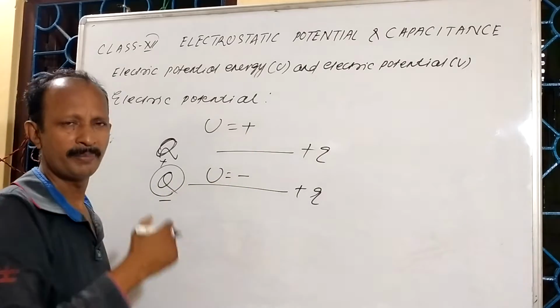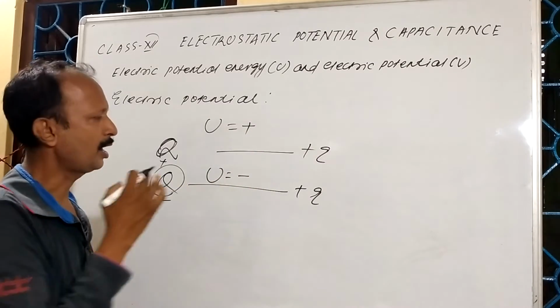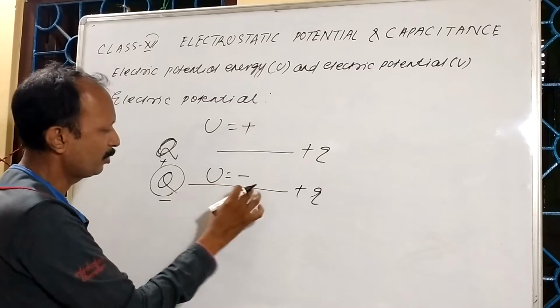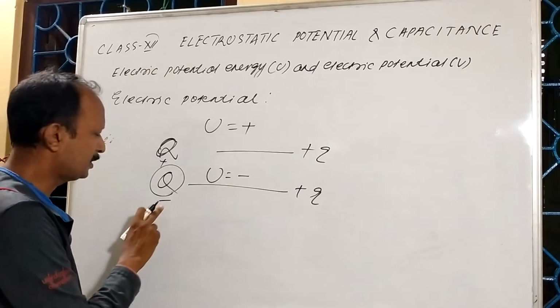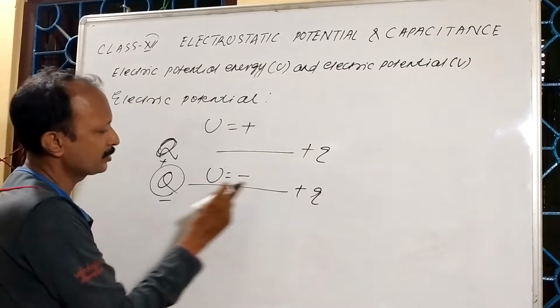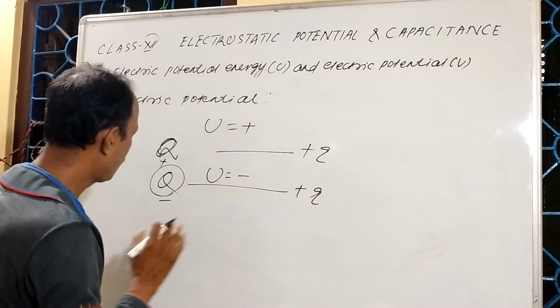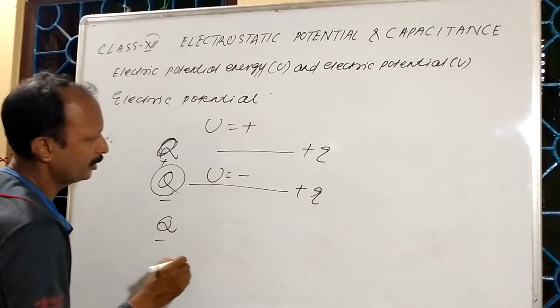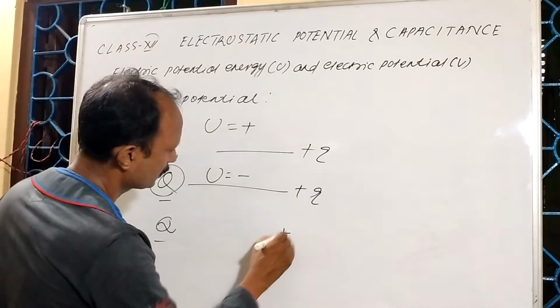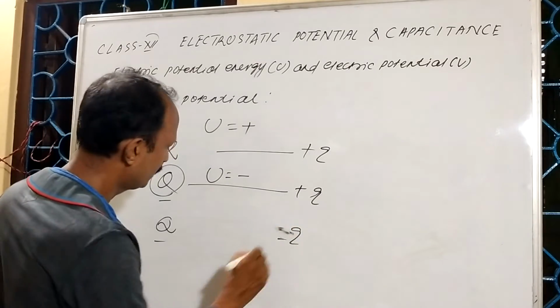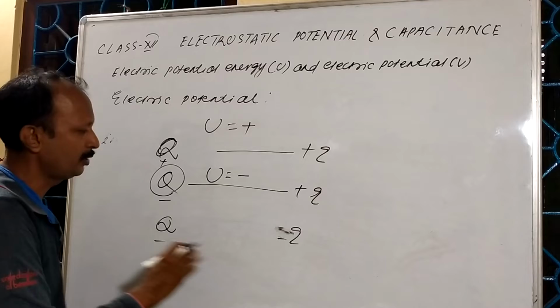Here work done by the external force, or work done by me, is different from work done by the system. If this is plus, suppose this is minus, same thing will be minus. Now suppose the Q is minus, and this is also minus, then what will happen?